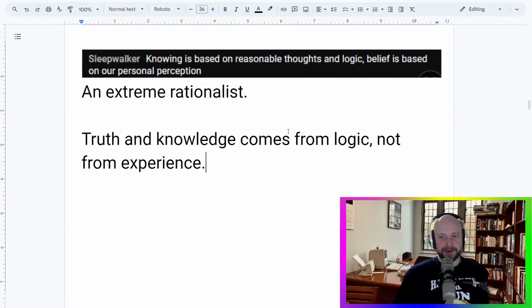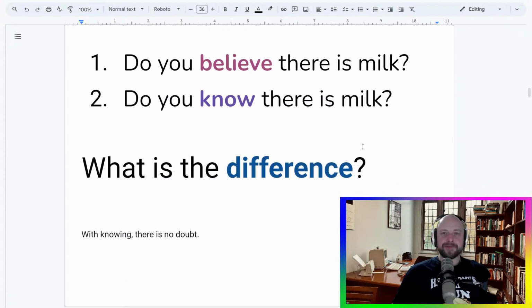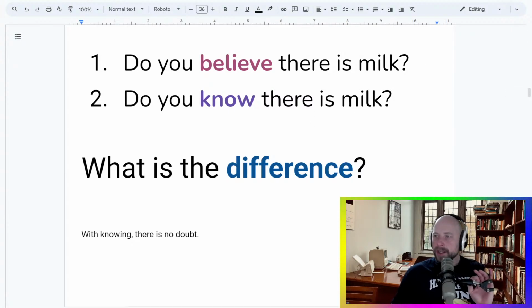Experience is perception. So, where we go with this is, with belief, we can talk about our perspective, our opinion, but knowledge must contain some other elements. Knowledge, in fact, is more than just belief.